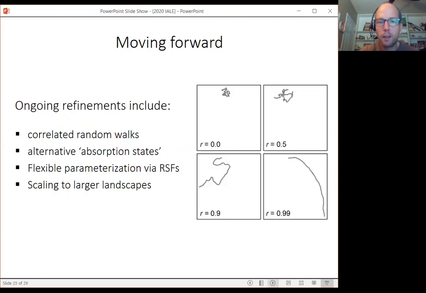Finally, we're refining this framework in a variety of ways, such as extending it to the use of correlated random walks instead of simple random walks, and scaling this framework to be applied to larger landscapes than we've currently applied them to, which have been on the order of 2 to 5 million cells in these landscapes.